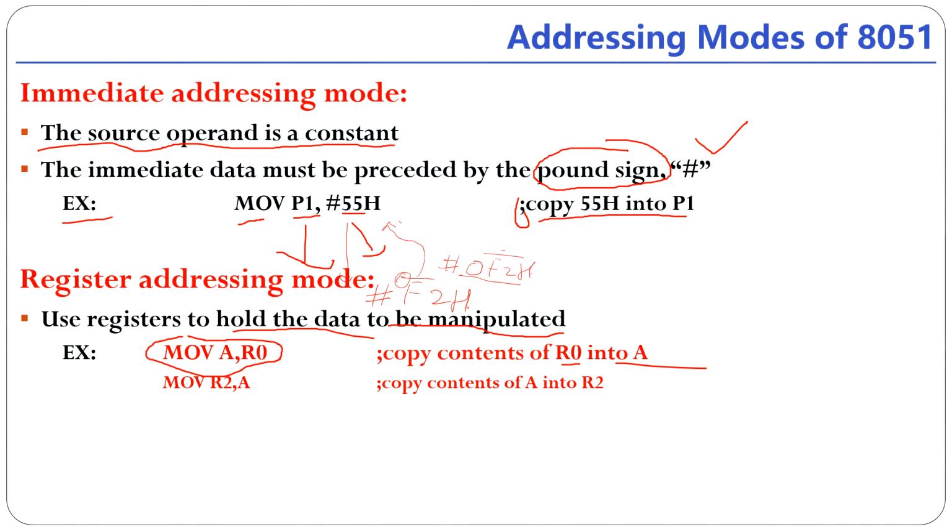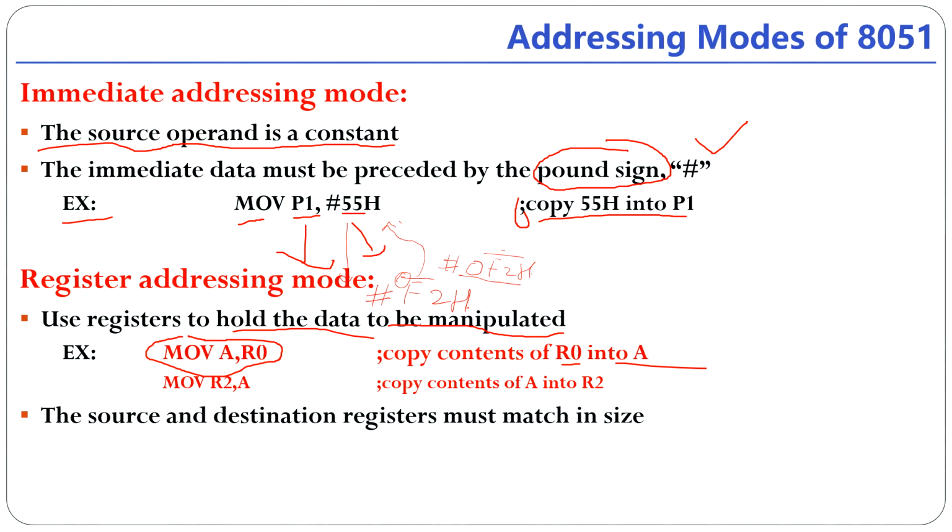Another example: MOV R2, A, where the content of A is copied and transferred into the R2 register.